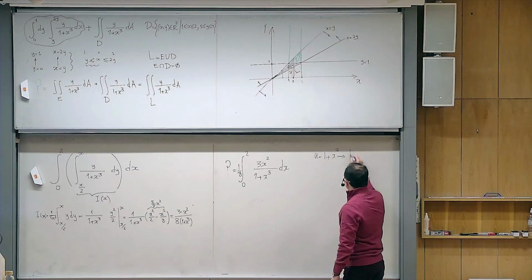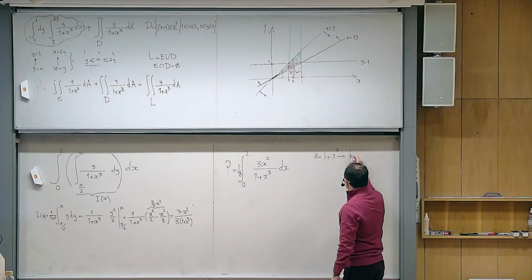Otherwise, I have to pull it out and then divide. Okay, and then what I do here, I find the new limits. So x goes from 0 to 2. This would then imply that u goes from where to where. If the lower limit is 0, I put it here, u becomes 1. If the upper limit is 2, I put it here, 8 plus 1, 9. Yes? And then I put this back to find my question mark.